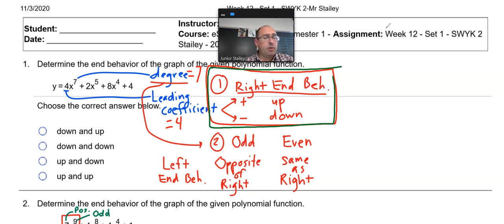If it's a positive number, then the right end behavior is up. This is kind of a crude way to do it, but it gets the idea across. We see a positive leading coefficient, a positive 4, which means the right end behavior is up.